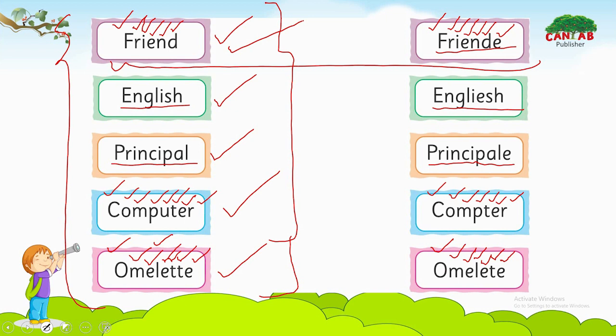Friend. That one is the correct one. And the second one is sounding English. The third one is principal. The fourth one is computer. The fifth one is omelette. So these are the right answers, and your listening skill and your reading skill is going to enhance with this activity.